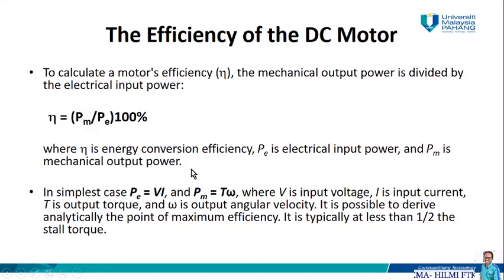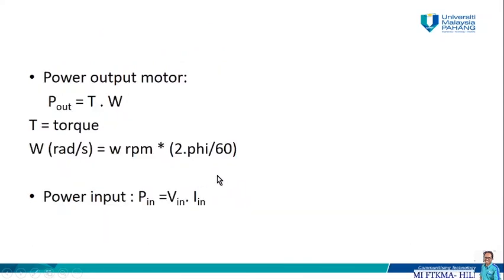In the simplest case, we can calculate PE equal to VI, voltage times current, and PM we can calculate using T omega, where T is the torque and omega is the angular velocity. So the power output of the motor, P out, is equal to T omega, where T is torque and omega is in radians per second.